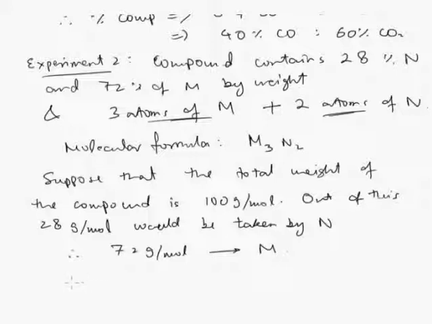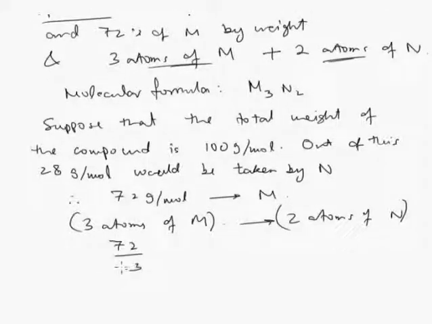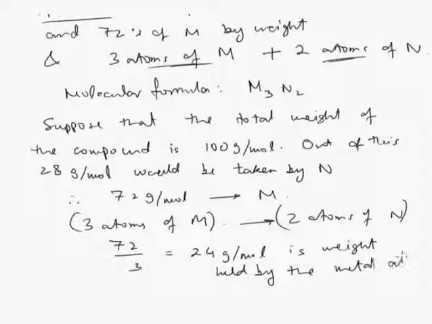Therefore I can say that since 3 atoms of M are combining with 2 atoms of N, can I not say that 72 divided by 3, which is equal to 24 gram per mole, is going to be the weight held by the metal atom.